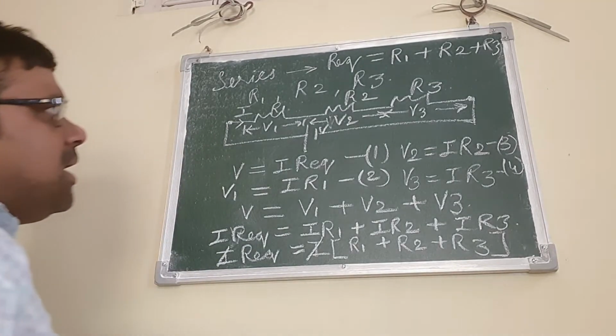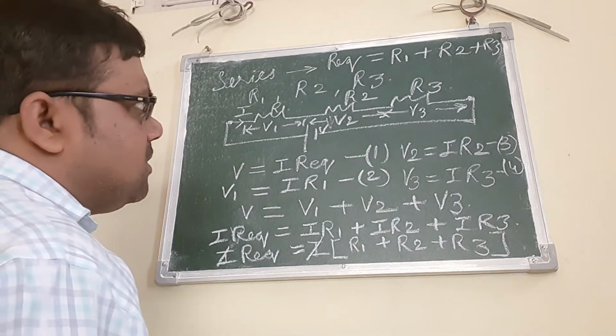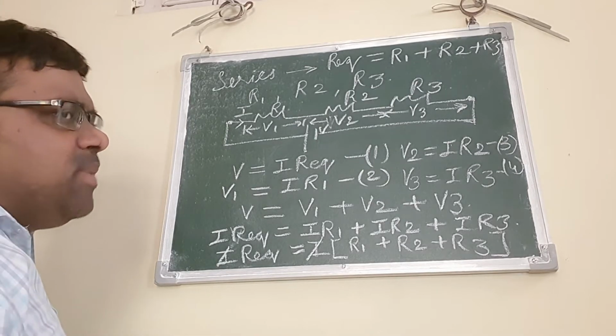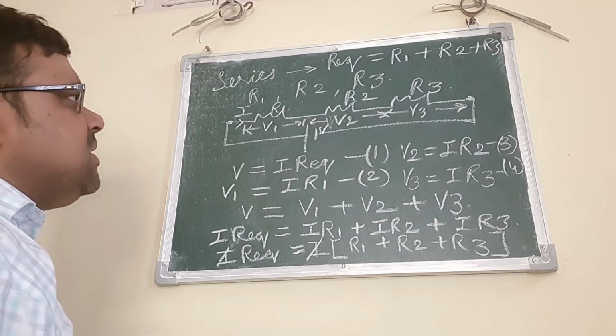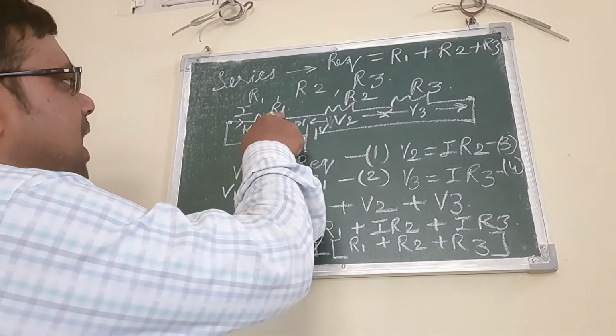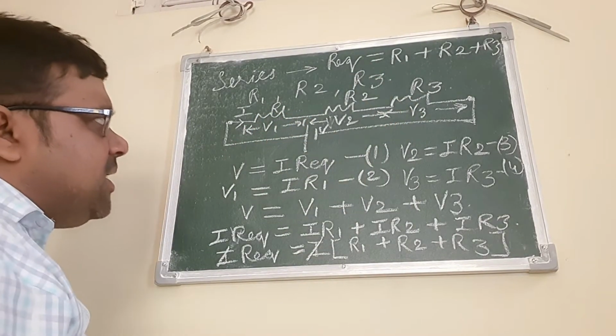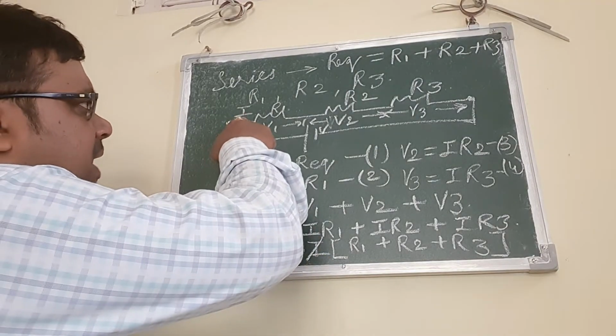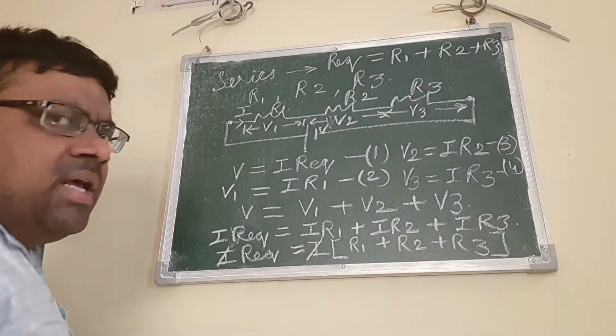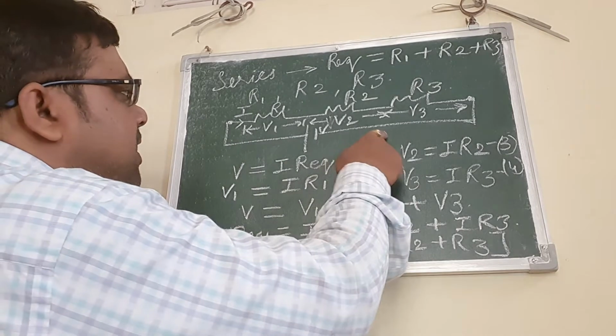So now we can understand it once more. This is our series combination of resistances. This is our circuit. R1, R2, R3 are connected in series. In series, the current I remains the same, whereas the voltage is different.